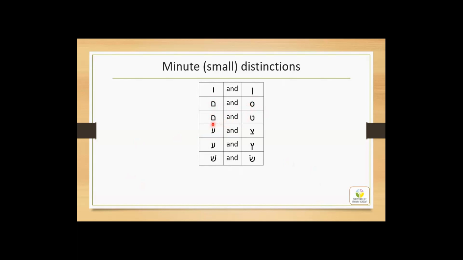Then mem and tet. Tet. Look how similar they look if you look quickly. Mem and tet. That is the snake. Yes, that's the snake. Or the basket, or the surround.